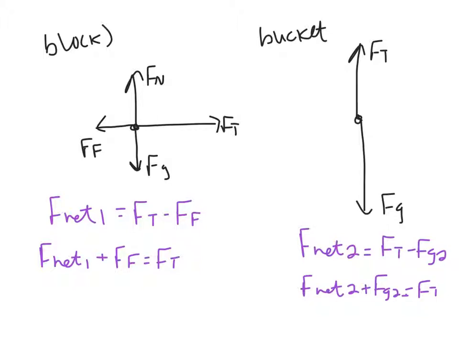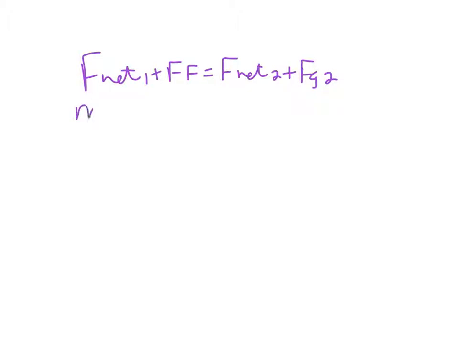Setting those tension forces equal to each other, we get F net 1 plus Ff equals F net 2 plus Fg2. F net is equal to mass times acceleration, so this is mass 1 times acceleration plus my frictional force, equaling F net 2, this is mass of 2. In this case, it's accelerating down, so I need to make that acceleration negative, plus m2g.